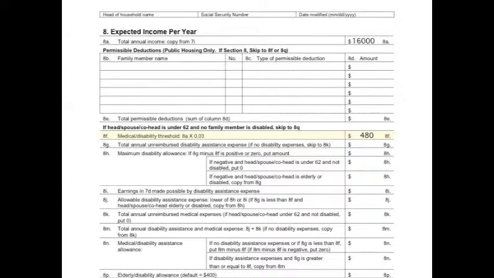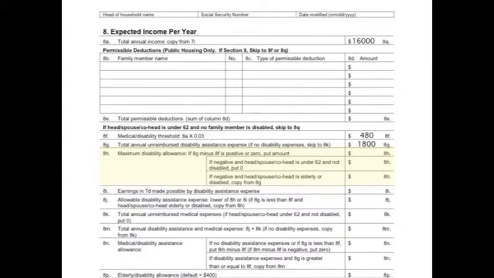On 8G, our next line, the total annual unreimbursed disability assistance expense. Well, remember, John's daughter needs a specific type of wheelchair to enable her to go to work. That's an auxiliary apparatus. So on 8G, that wheelchair is going to cost her $1,800. So 8G, go ahead and write your answer of $1,800. Next, let's calculate 8H.